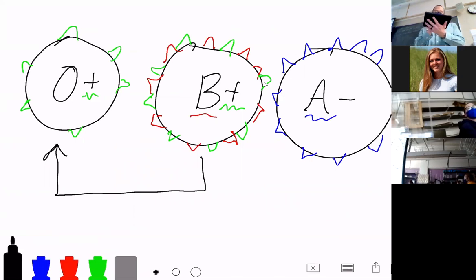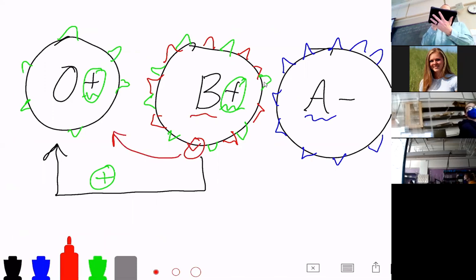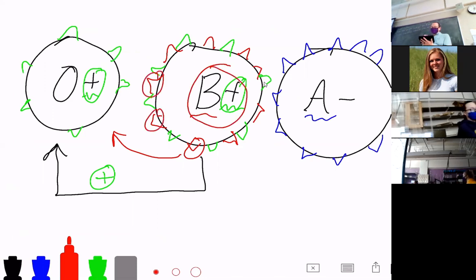So if we break this down piece by piece, sure, this has that positive gene right here. So does this B positive, good. But this person has B genes, and this person doesn't. That's not going to be a good deal. What happens is, and this is a red blood cell, white blood cell crossover a little bit, if you send in this B positive blood with all these little B pieces right here, the immune system of this O positive person thinks that is a pathogen.